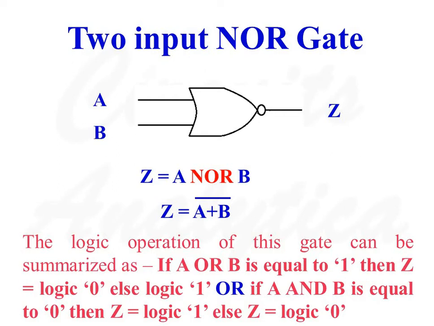Now we will consider a two-input NOR gate. The two inputs are A and B and Z is the output.